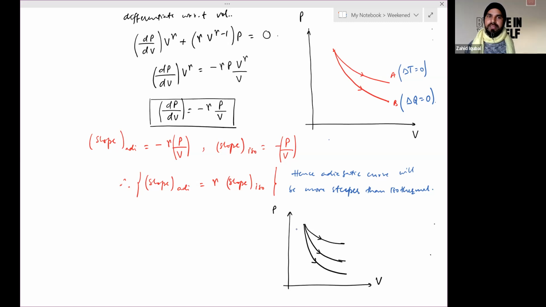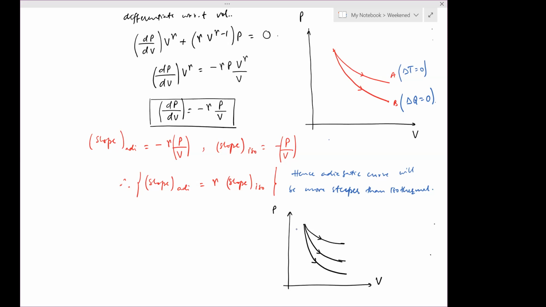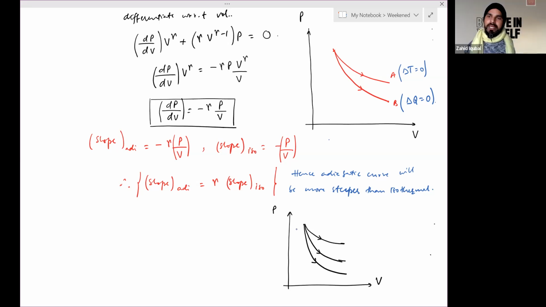For which gas gamma will be maximum? Monoatomic. Triatomic has maximum degrees of freedom, so it will have least gamma. Okay.